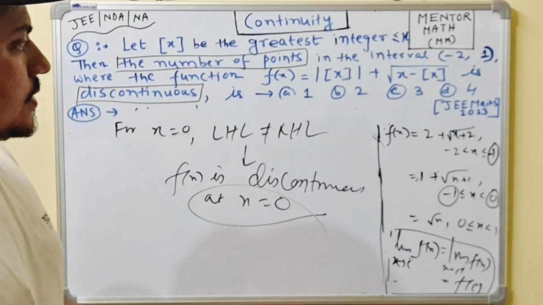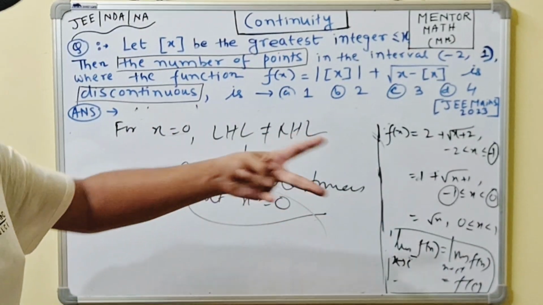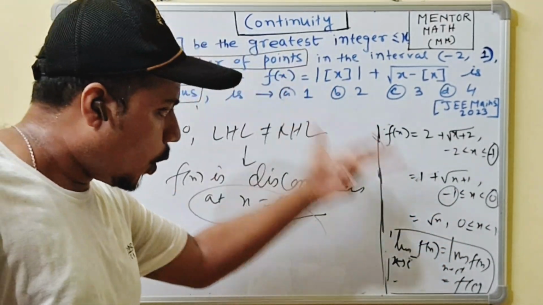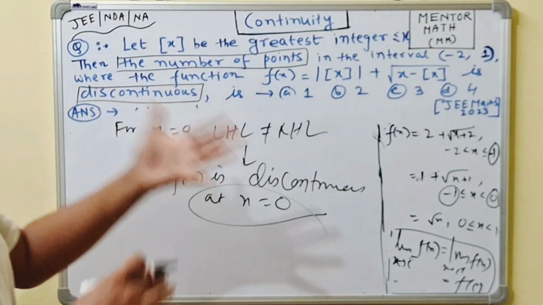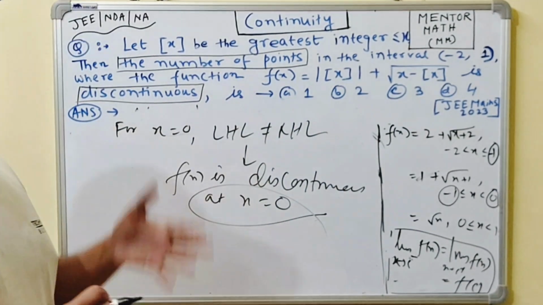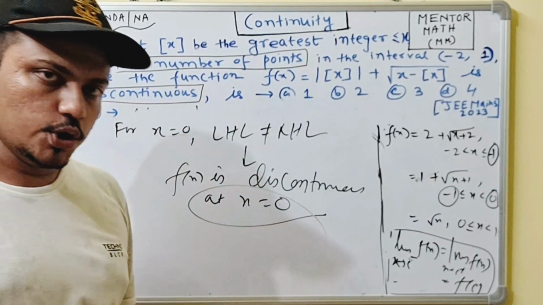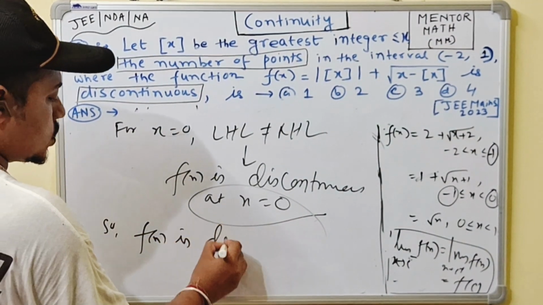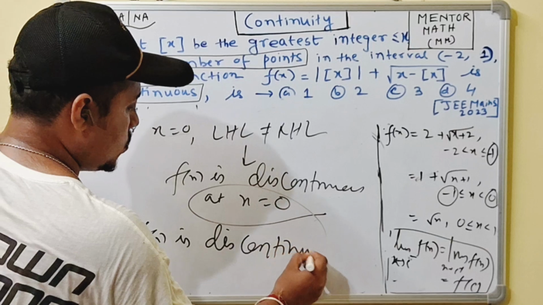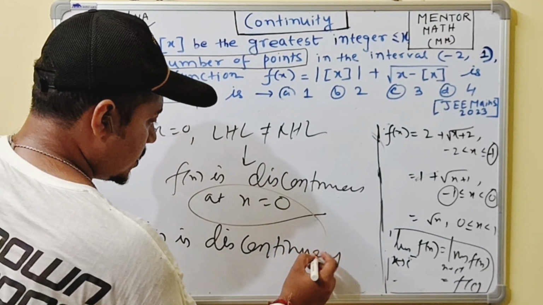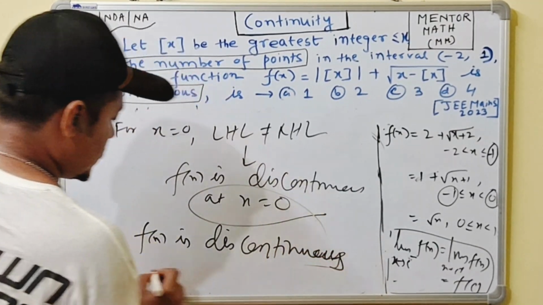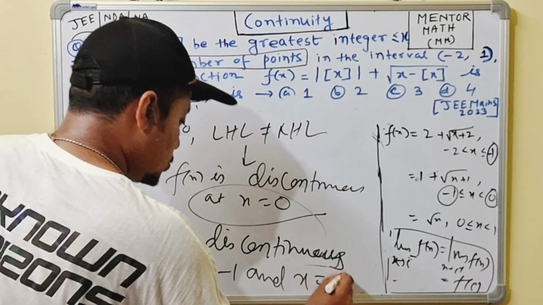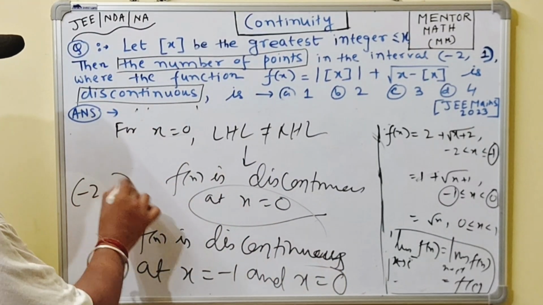So you see that in between -2 to 1 there are two integers, -1 and 0, and at both points the function is discontinuous. So f(x) is discontinuous at x equal to -1 as well as x equal to 0 in between -2 to 1.